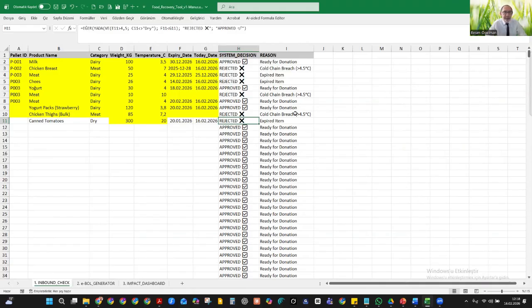Because the cold chain rule doesn't approve it. If you had approved this, checking the temperature, what could have been the consequence for the food bank beneficiaries?